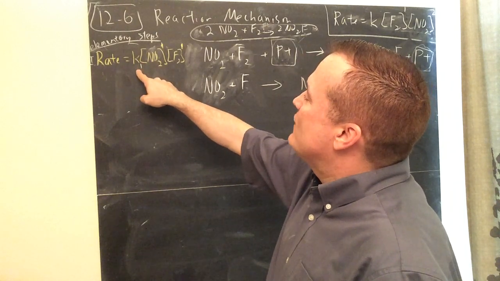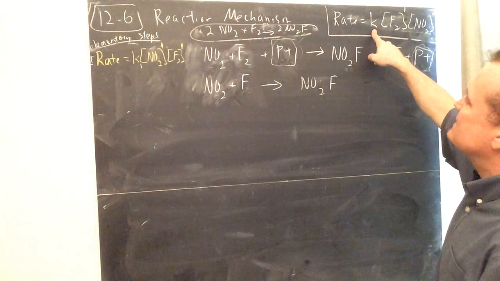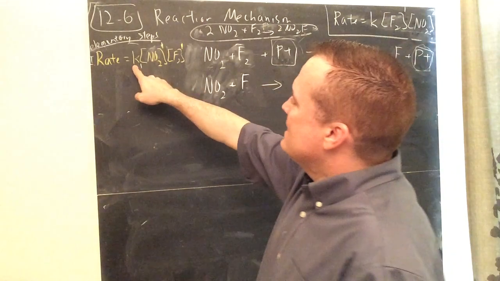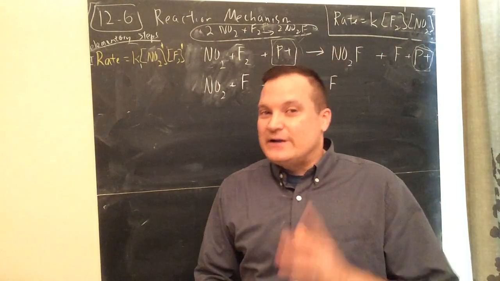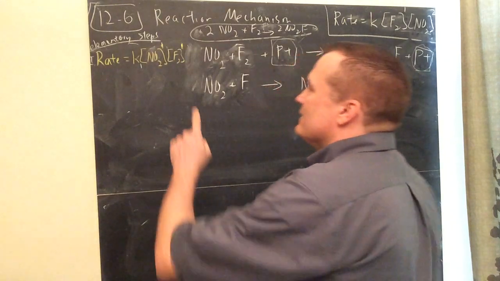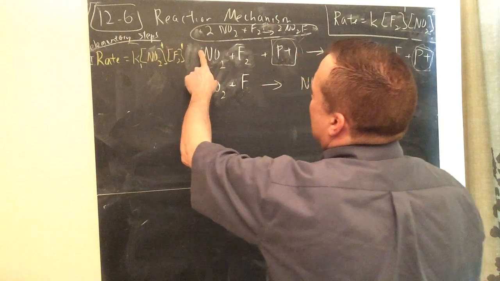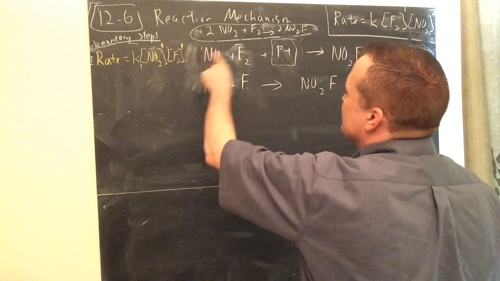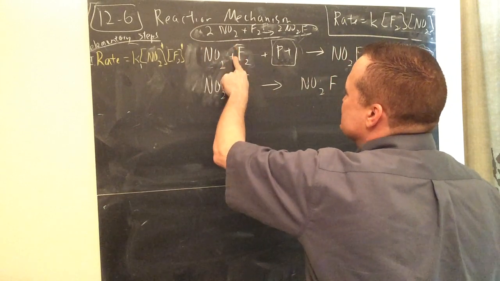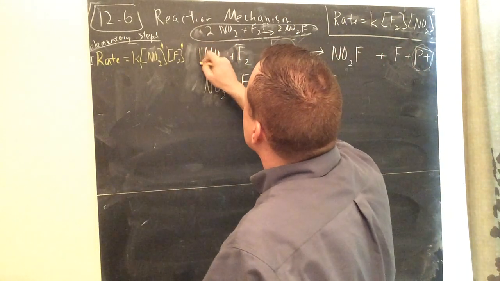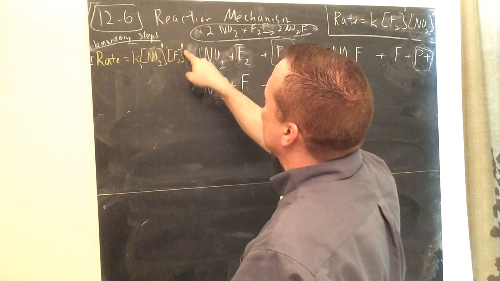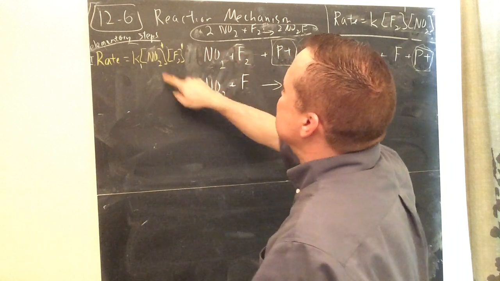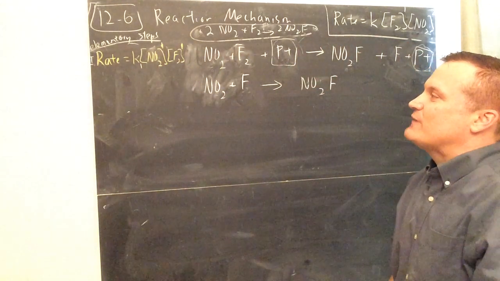Rate equals K1, because this K is not the same as this K. This is for this elementary reaction. Here's a cool thing. For an elementary reaction, the coefficients on the balanced equation, 1 and 1 in this case, will be the powers, NO2 to the first power and F2 to the first power. So those coefficients will match only for the elementary rate law.